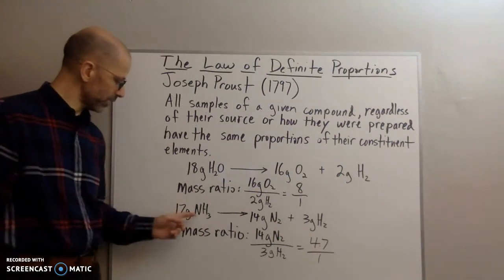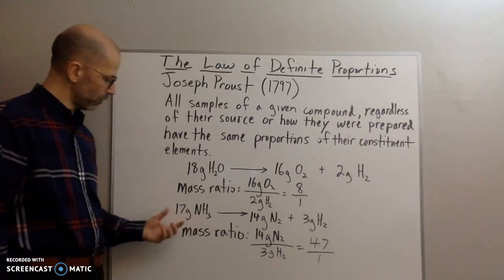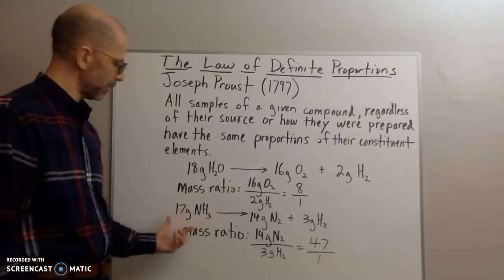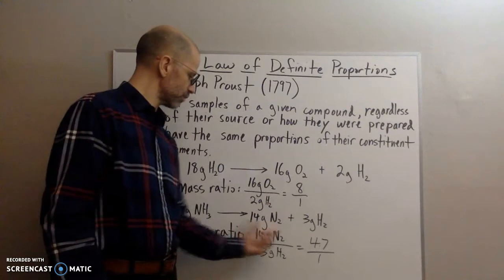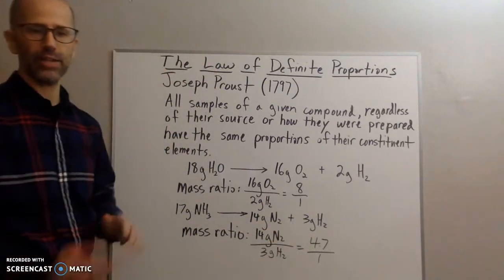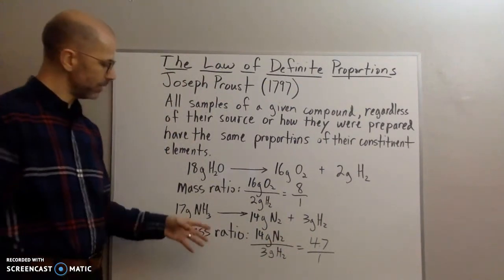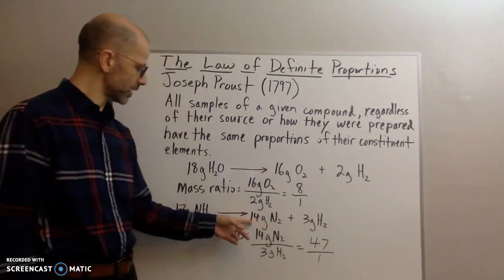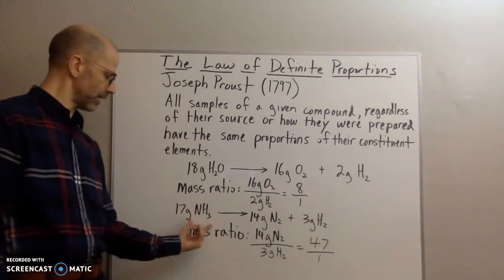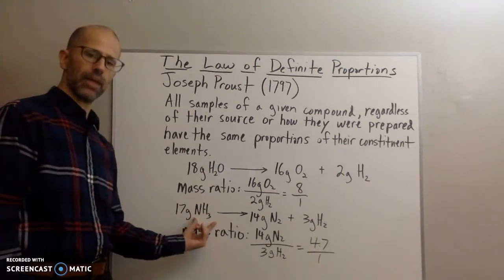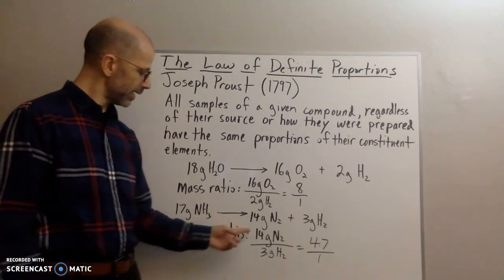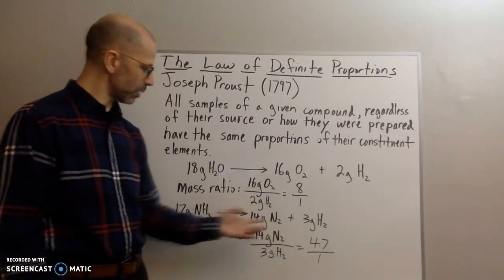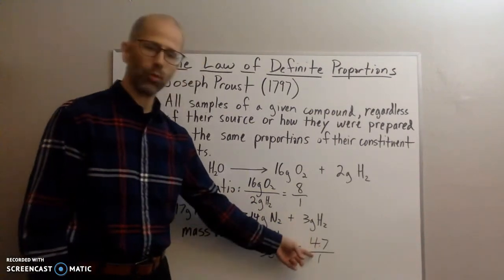Same thing regarding ammonia. If I have 17 grams of ammonia, that's going to break down into 14 grams of nitrogen and 3 grams of hydrogen. Again, if I get the mass ratio of the constituents, in this case nitrogen and hydrogen, which make up ammonia, then here I don't get a nice round number, I get 4.7 over 1.